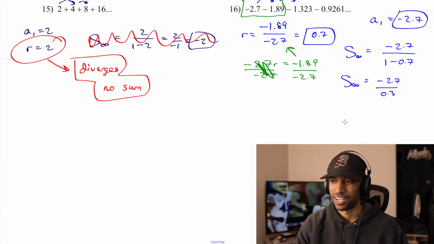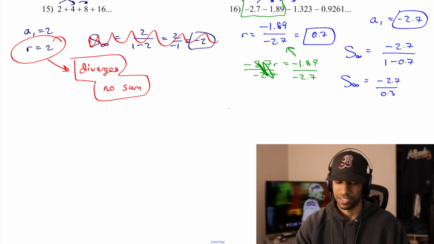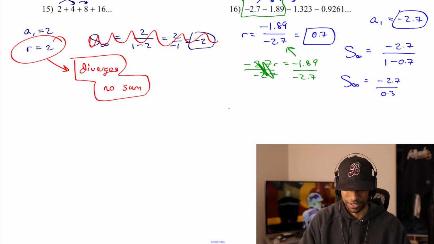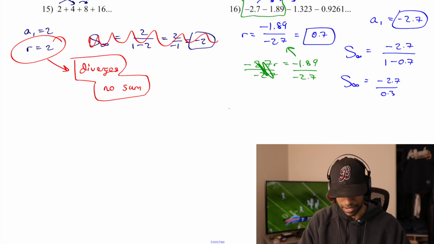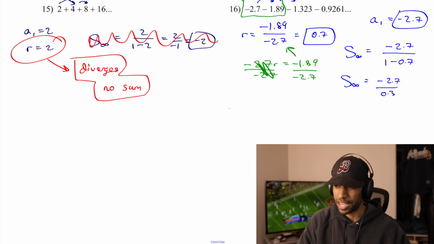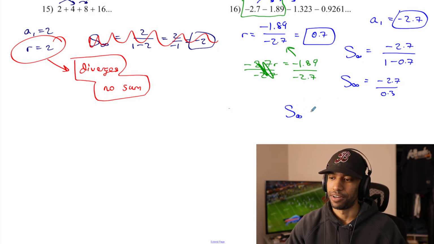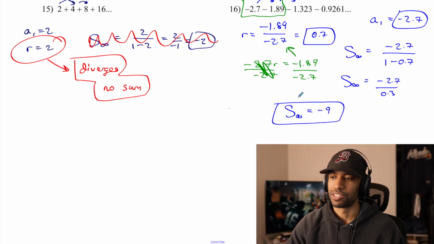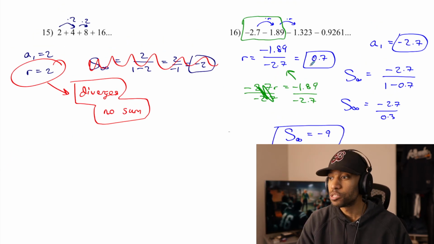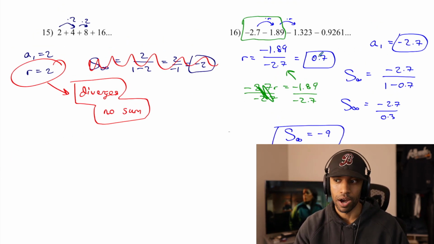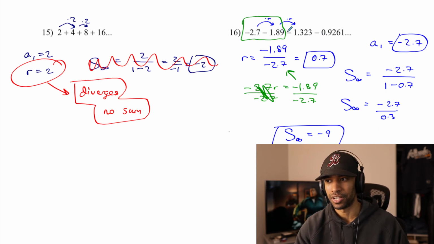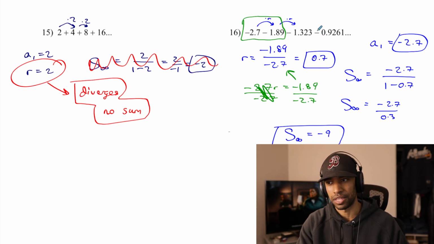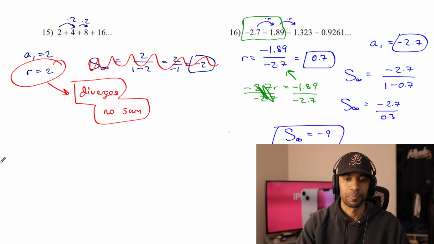I think it's negative 9. I don't want to be wrong; I second-guess some of my decimal things if I'm trying to overthink it. Negative 9. S sub infinity equals negative 9. So this is what it converges toward. As 0.7 was less than 1, we can use it. It converges there. And as I look at the numbers, I think I agree with that result. It's going to make sense.